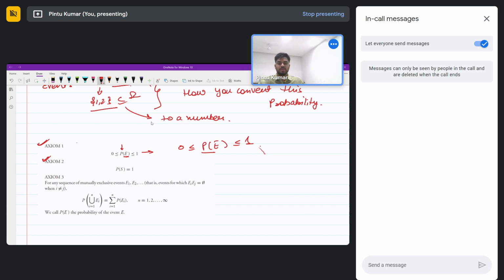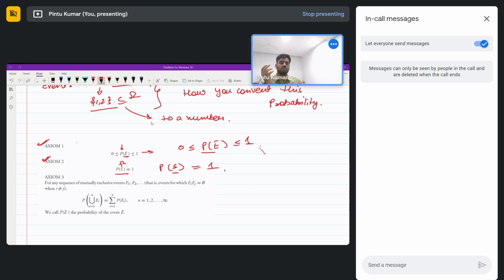The second axiom says that the probability of the complete sample space S, the omega that we wrote, is 1. What does this second axiom mean? It means that you can't have an event which is outside of S. S is the collection of all possible outcomes.